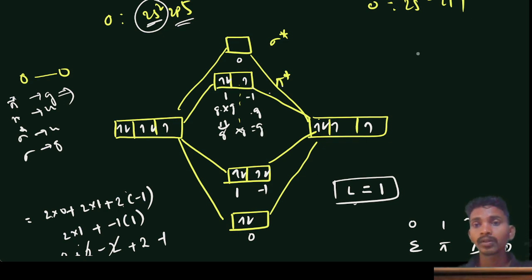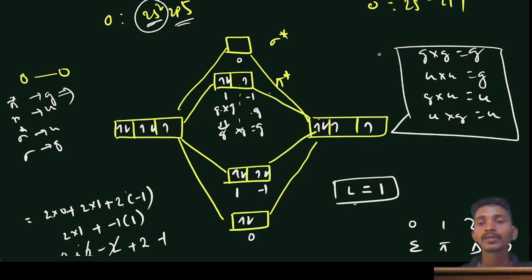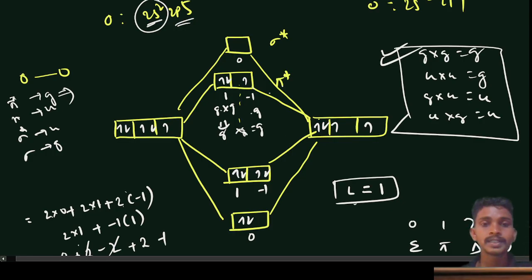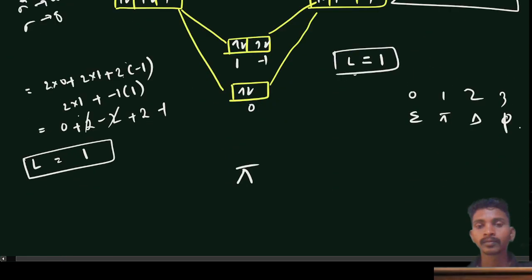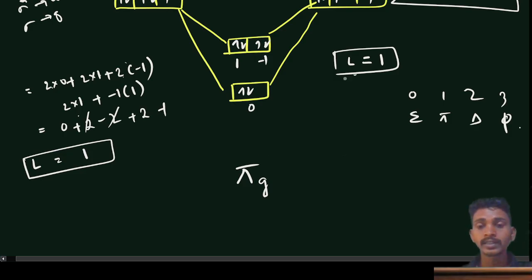Okay, because we know that g into g is g, u into u is g, g into u is u, and u into g is u. So this we have discussed in the past class, this we have to remember. Okay, so whole value will be g. So here we will get g. Positive negative we will not write because L is equal to 1.